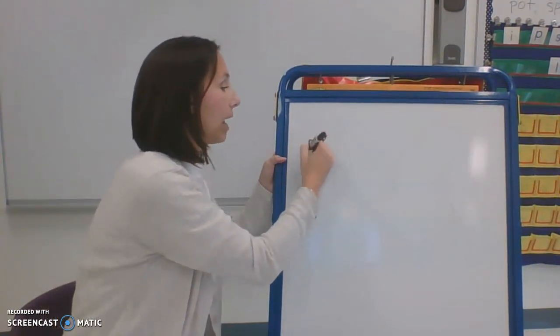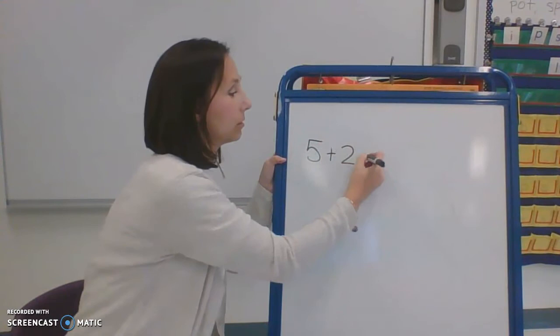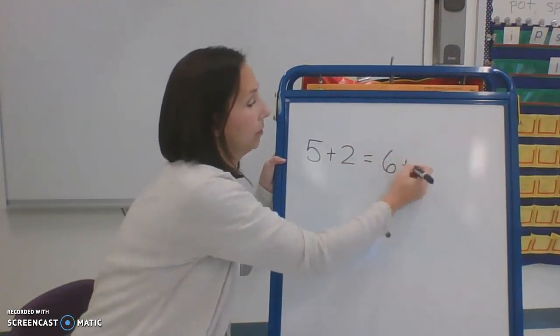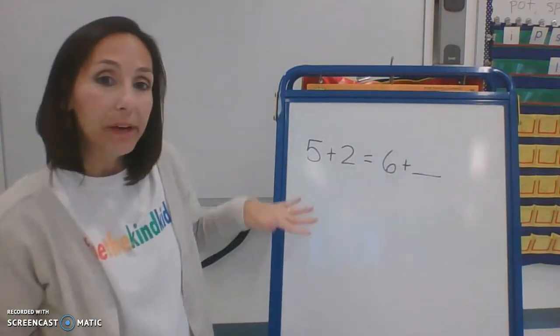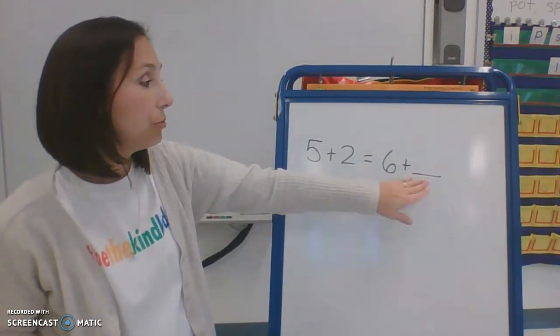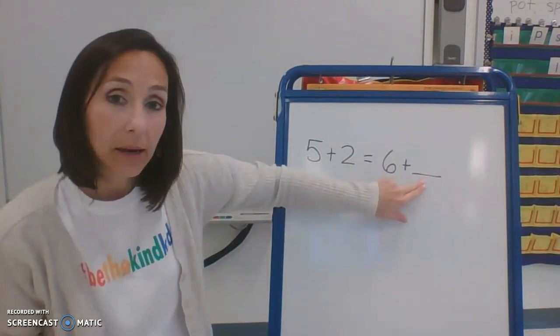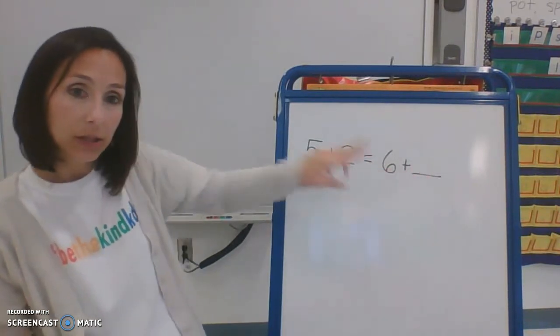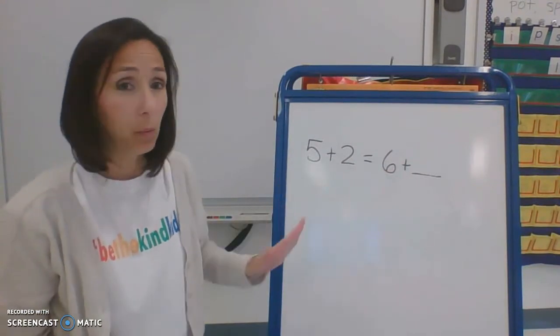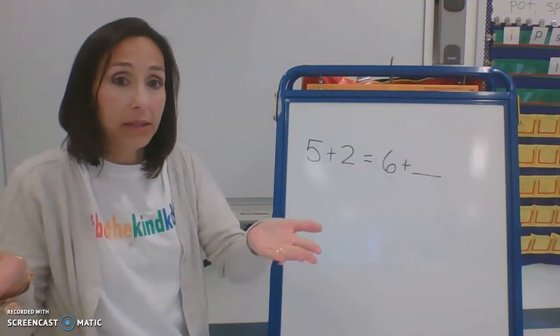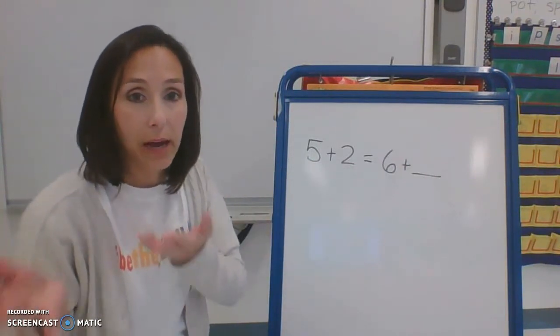So if I had something like this, we were figuring out what would fit in this space here so that this whole equation was true. So remember, the equal sign just means whatever's on one side is equal to what's on the other.